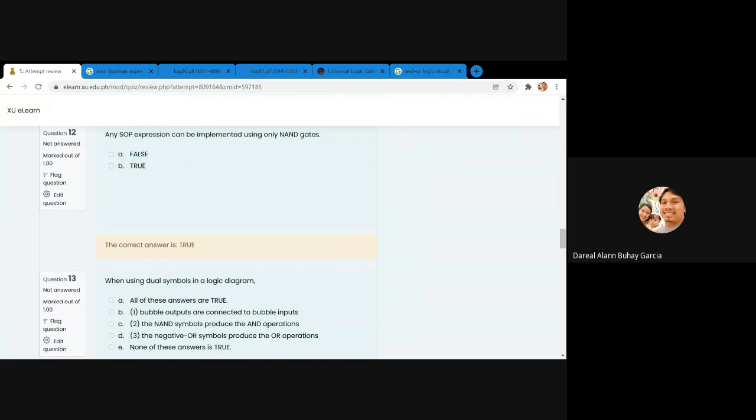When using dual symbols in a logic diagram, focus on choices B, C, and D. Bubble outputs are connected to bubble inputs. The NAND symbols produce the AND operation. The negative OR symbols produce the OR operation. May true ano.